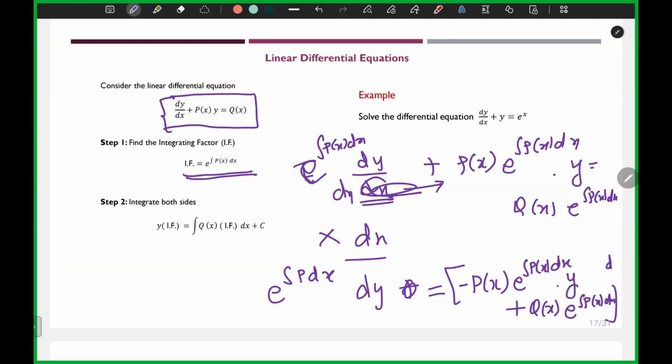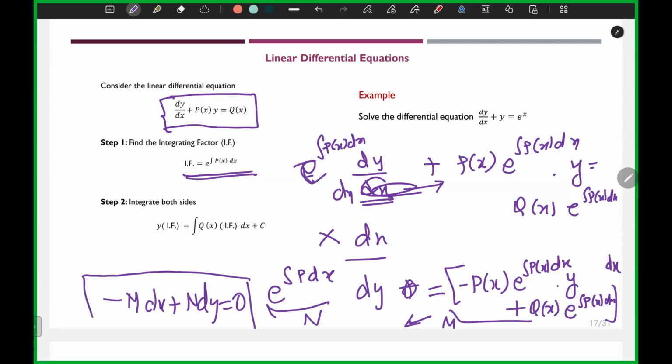You can check this thing is N and this is your M. You have to take this thing to the right-hand side. So this is M dx plus N dy equals 0, and I call this M star.